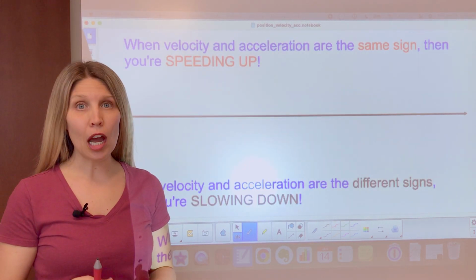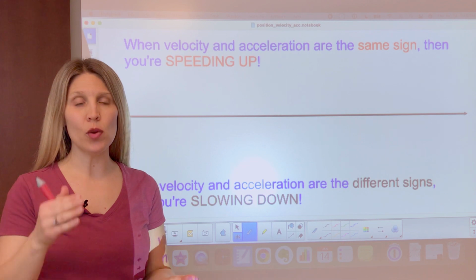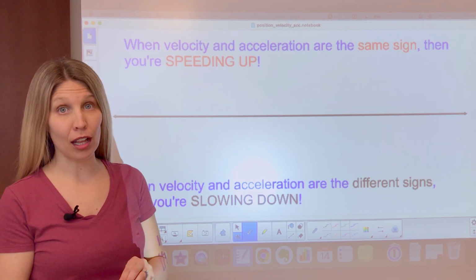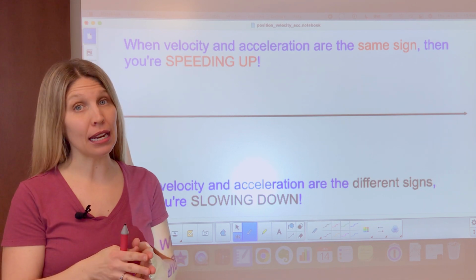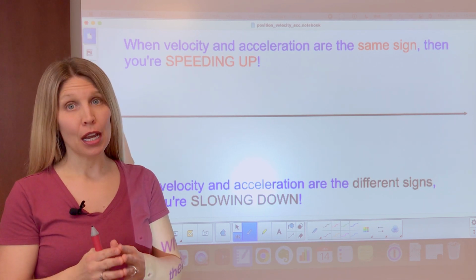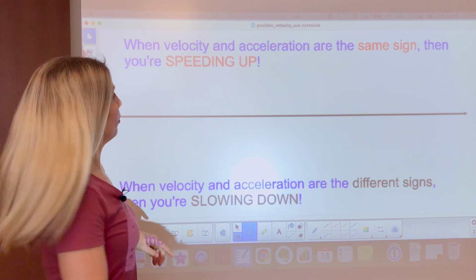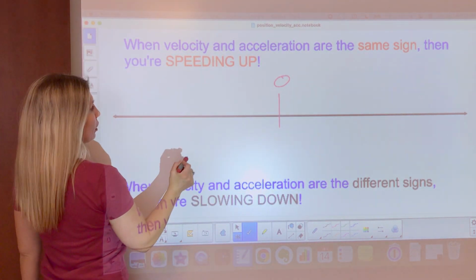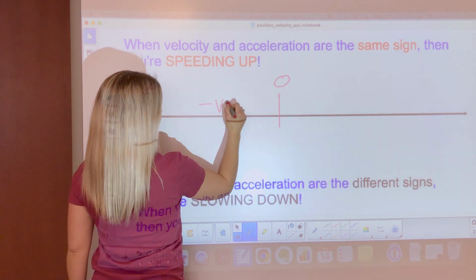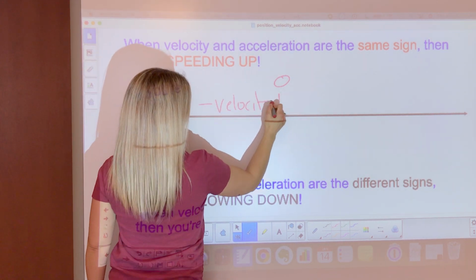Let's talk quickly about what happens when you have velocity and acceleration together and what happens if their signs are the same or if they're opposite. So we're going to use this number line. I'm going to put 0 in the center here. This is our 0. And over here on this side, we have negative velocity, right?